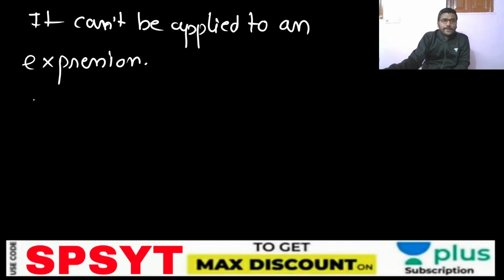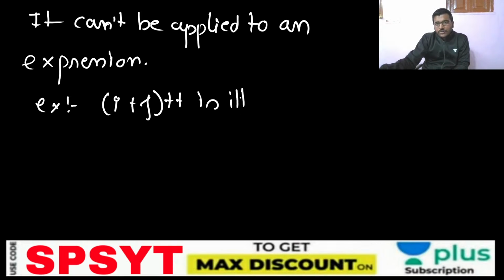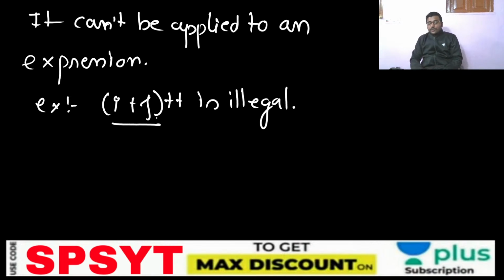For example, (i+j)++ is illegal. It is not allowed. It will give you an error because i+j is an expression. It can only be applied to a variable.